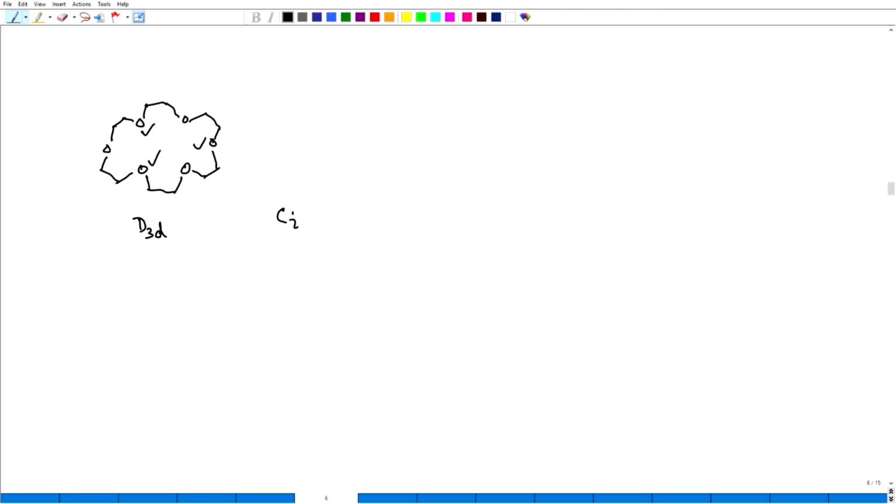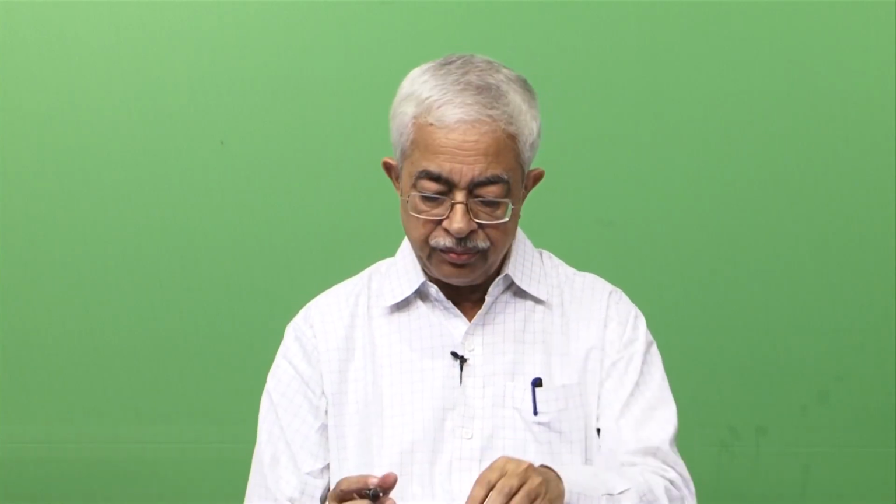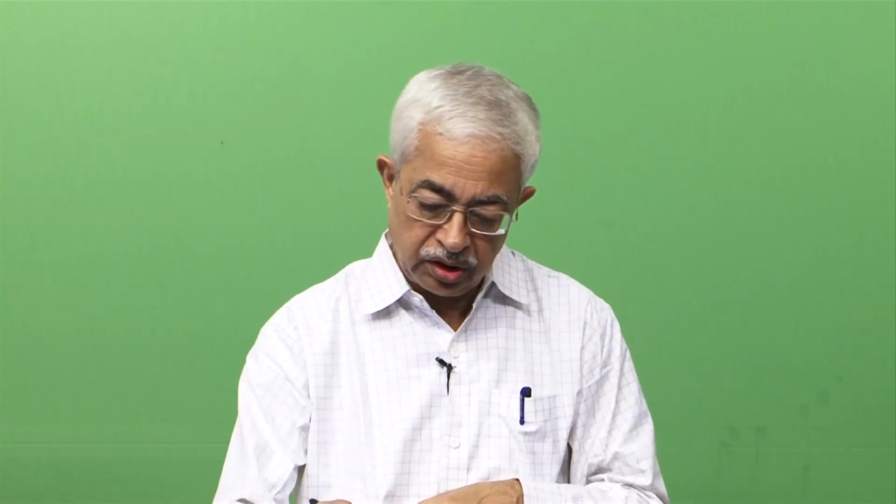When they are Ci, that must be transformed into D3d under the influence of the metal ion. Presence of the metal ion will influence it to change from Ci. Ci and D3d are point group symmetries. Here I am saying 3 up, 3 down nicely, so it is D3d. Here I am unable to draw that because it is computer drawn, but it is elongated.